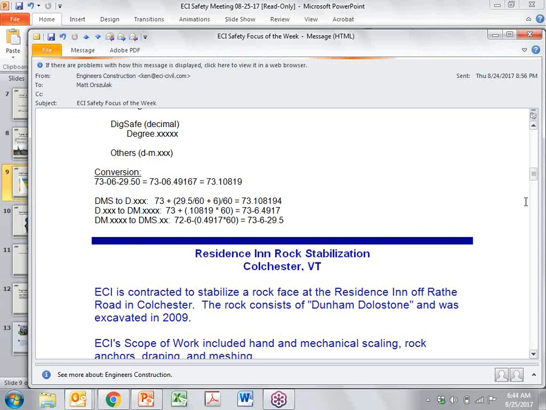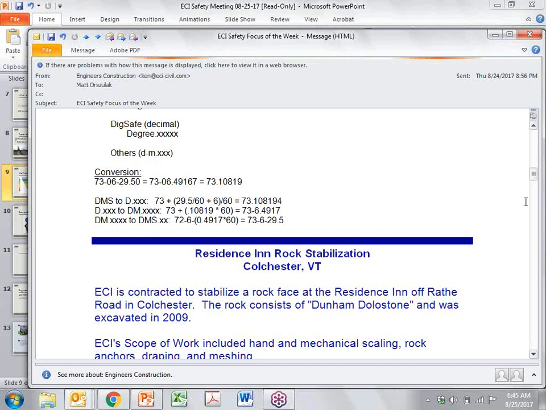So 73 degrees, 6 minutes and 29.5 seconds. Now, that really is also in this format here, 73 degrees, 6 minutes, 0.49167, or all the way back to the DigSafe format, 73.10819.